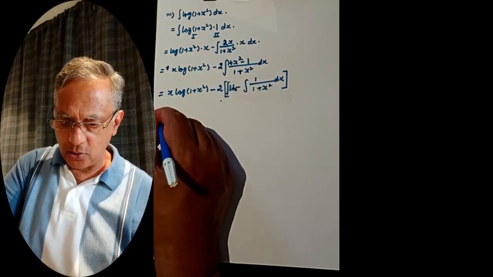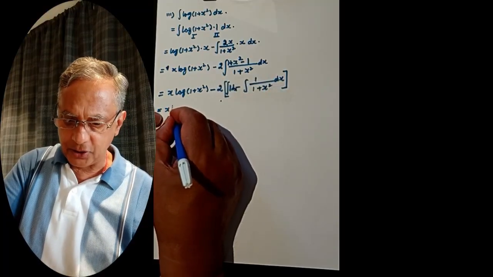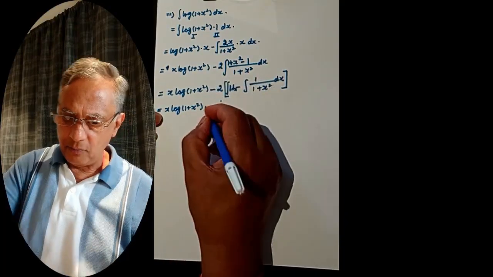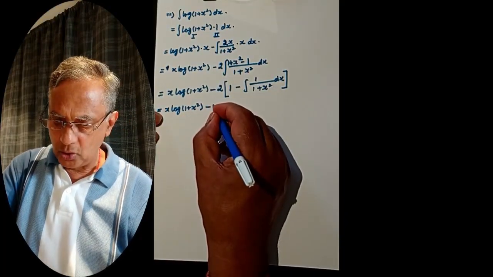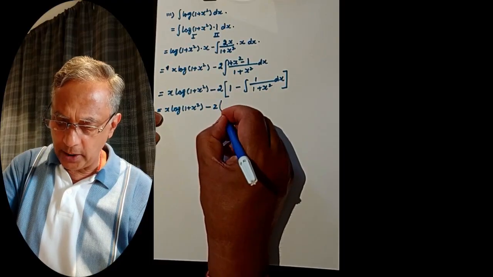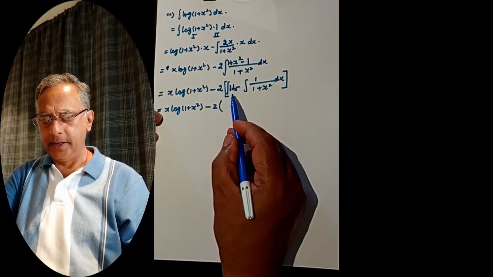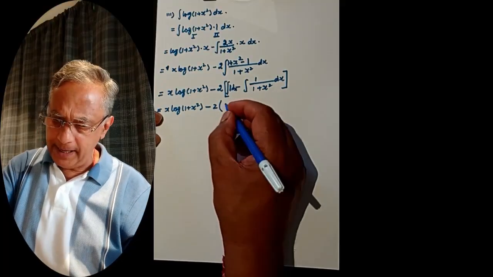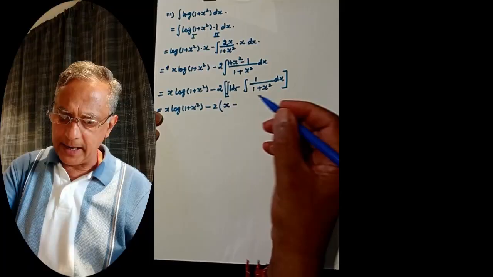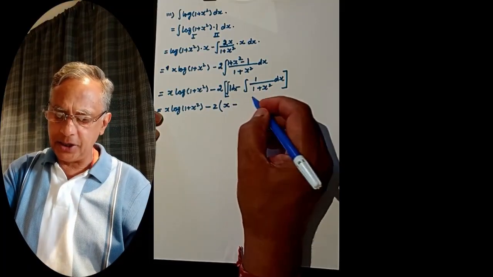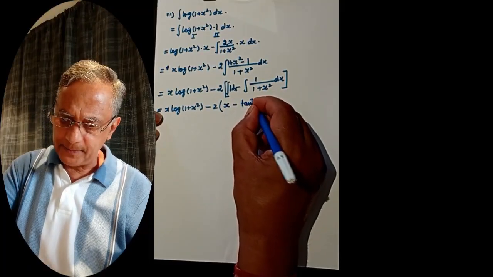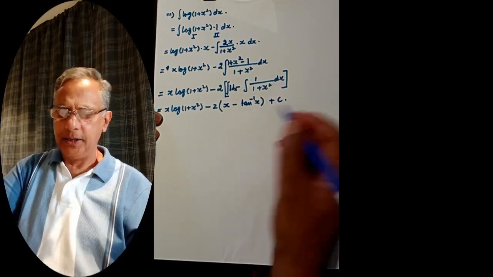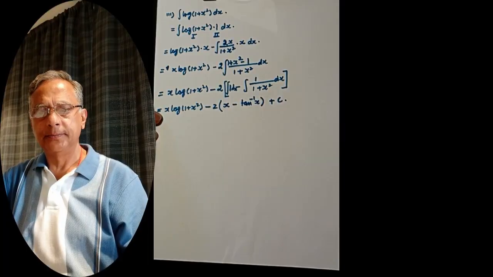So this is equal to x log 1 plus x square minus 2 into integral of 1 dx. So integral of 1 dx will be x minus integral of this. Integration of this is tan inverse x plus c. So this is the answer.